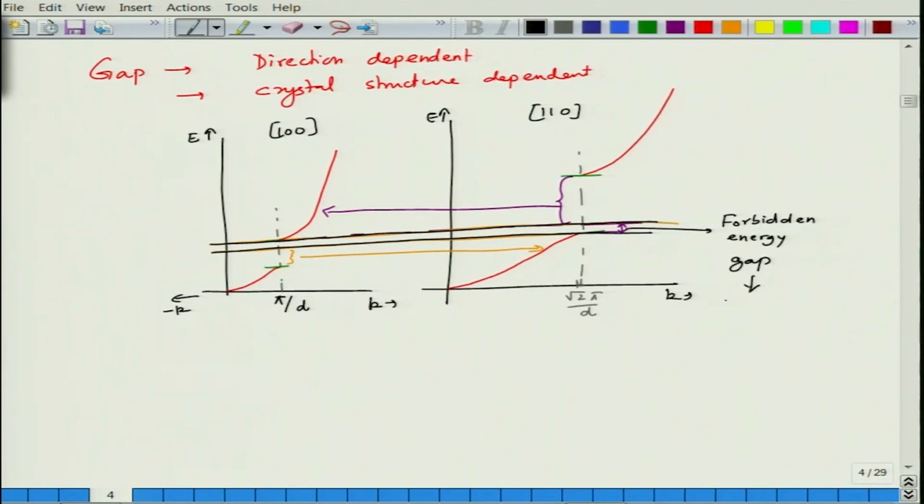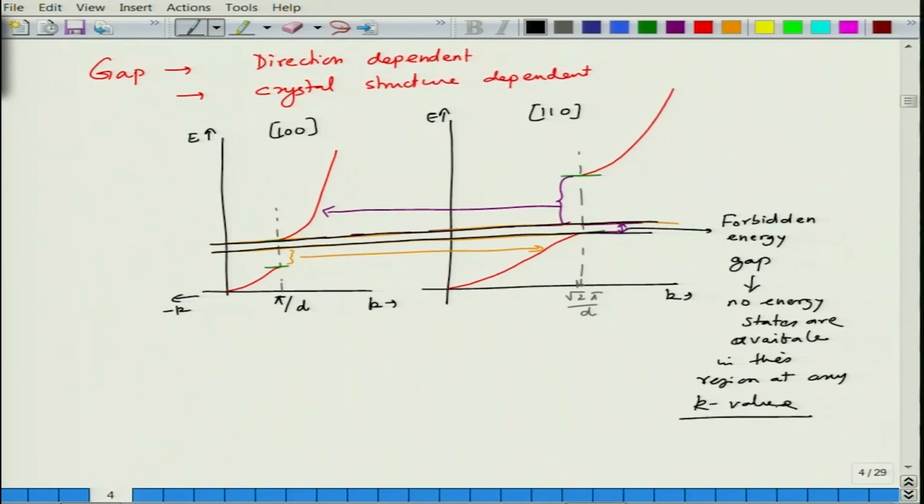So, basically no energy states are available in this region at any k value. So, this is what basically causes the forbidden energy gap in semiconductors.